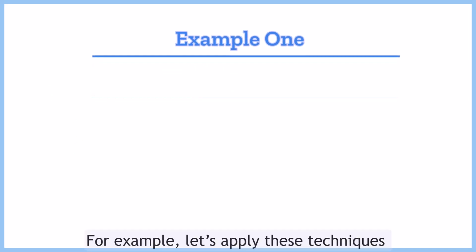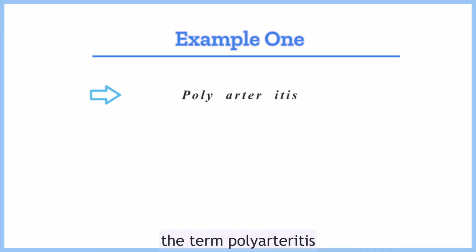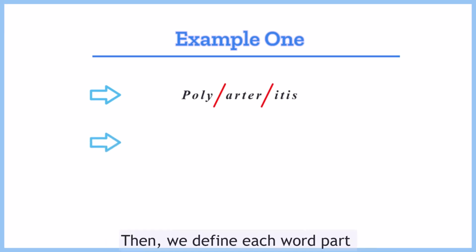For example, let's apply these techniques and follow these steps to define the term polyarteritis. We start by dividing the medical term into its word parts. Then, we define each word part applying the following order: suffix, prefix, and then word root.